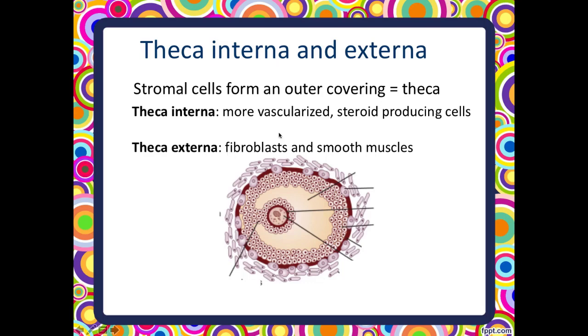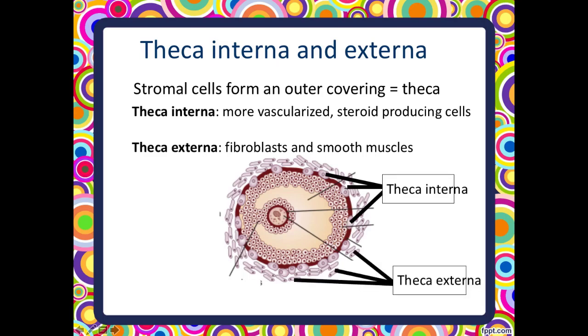And theca externa is typical highly vascularized connective tissue with fibroblasts and smooth muscle. So theca interna cells have characteristics of steroid-producing cells. Theca externa, normal fibroblasts and smooth muscle.